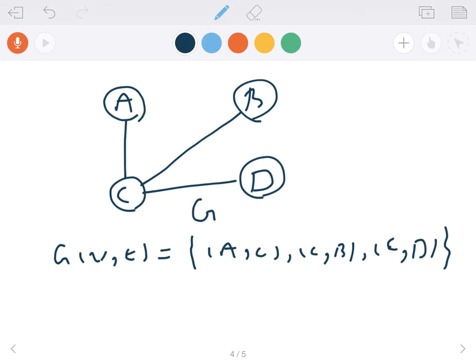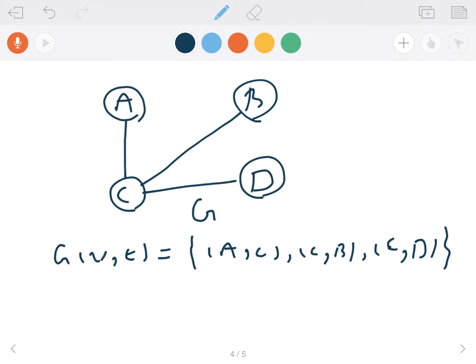Here, because the graph is undirected, there is no difference in writing AC or CA, C comma A or A comma C. But if the graph is directed, we have to make sure the direction is correct.